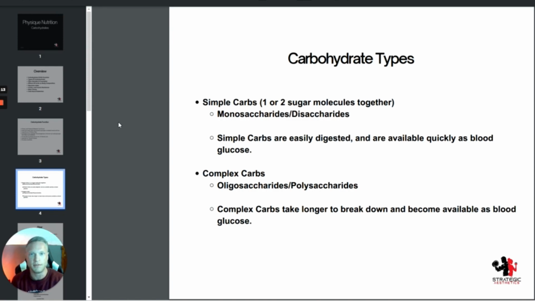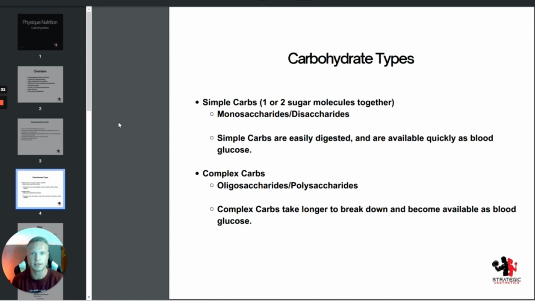Okay, so types of carbohydrates. We have simple and complex. Basically, it's broken up into how complex the molecule is. If it's just 1 or 2 saccharides together, then it's going to be a simple carbohydrate. That's our monosaccharides or disaccharides.